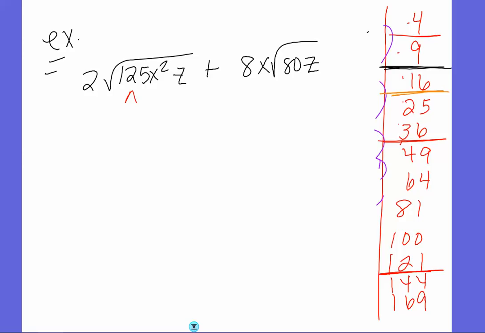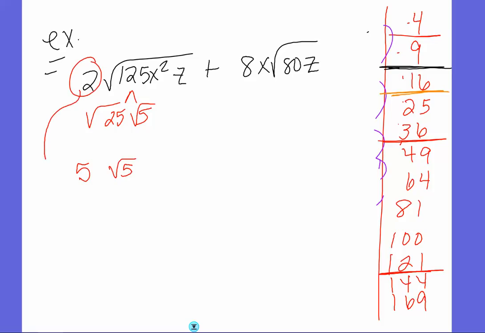What about 125 divided by 81? Nope. 125 divided by 64? Nope. 125 divided by 49? Nope. 125 divided by 36? Nope. What about 125 divided by 25? Yep. 25 and 5. Square root, square root. The square root of 25 is 5. The square root of 5 is rad 5.